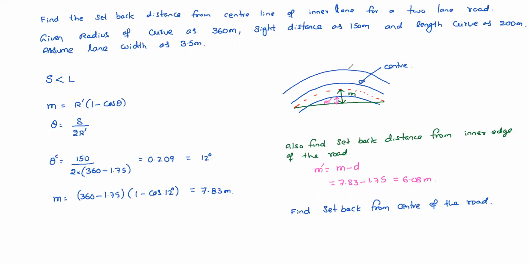Okay, that means, now let us assume that is M''. This one. What would M'' be equal to? M plus D, that is equal to 7.83 plus 1.75, which is 9.58.